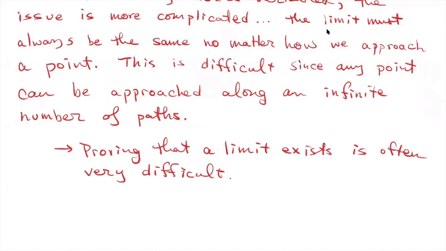Sometimes you can; I'll show you a trick when you can, but it doesn't always work. Every problem is different, so the method you would use depends on the problem. The good news is we're not going to ask you to prove these limits unless the limit doesn't exist. In that case, we'll ask you to prove that a limit doesn't exist.